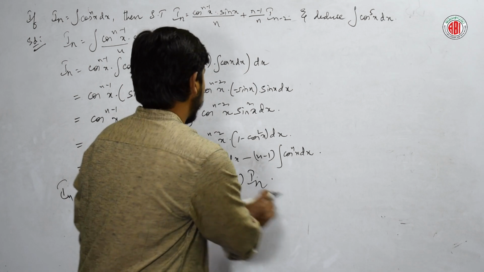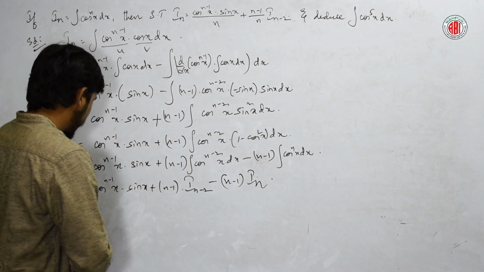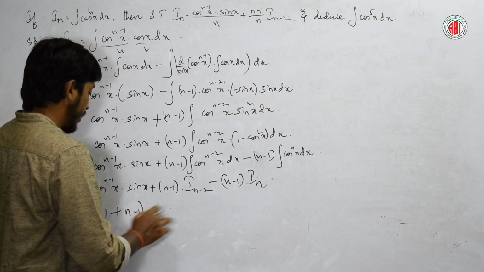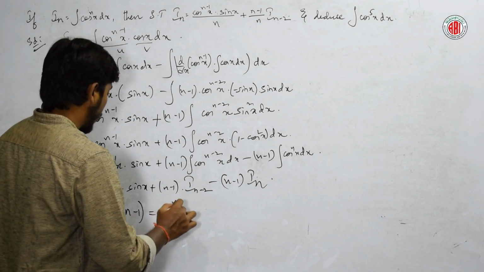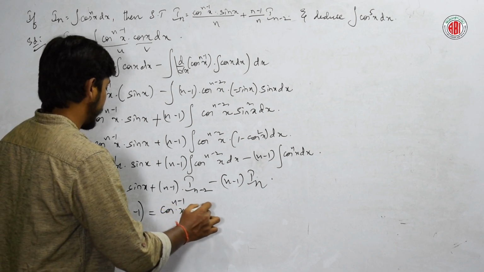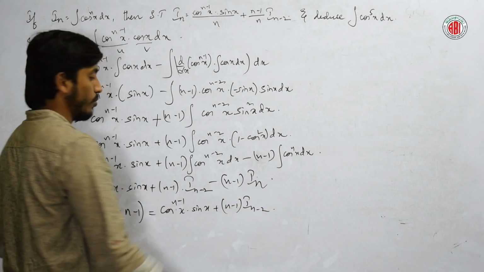Clear? Now, let us write this term onto the left hand side. So, we will get I(n) into (1 plus n minus 1) is equal to cos^(n-1)x into sin x plus (n-1) into I(n-2).